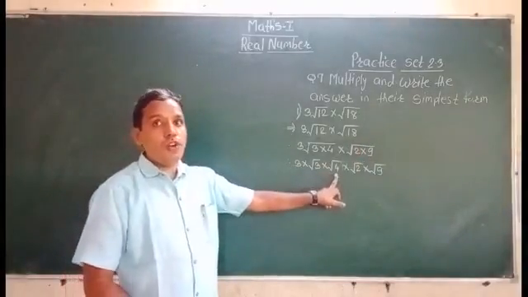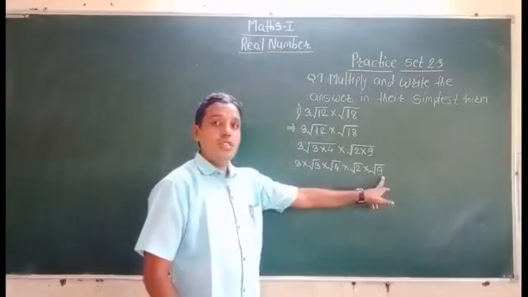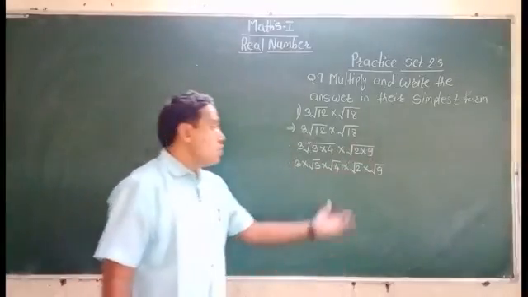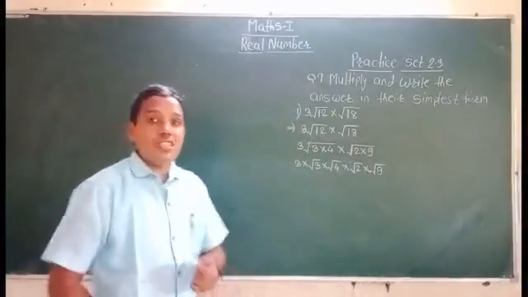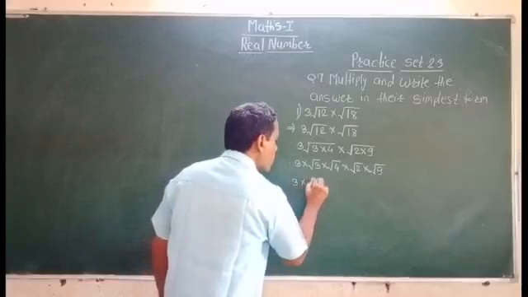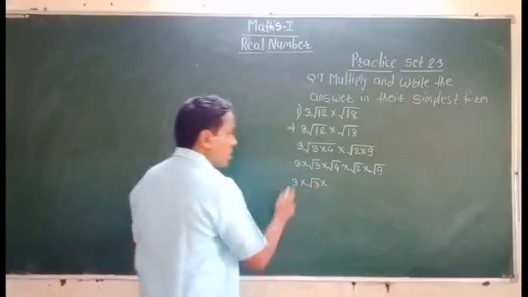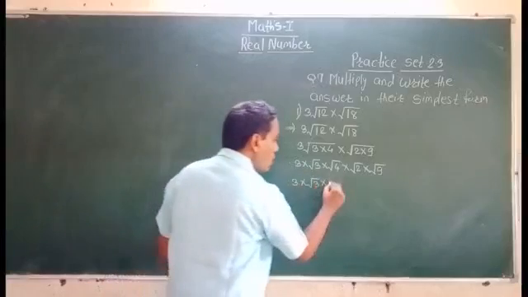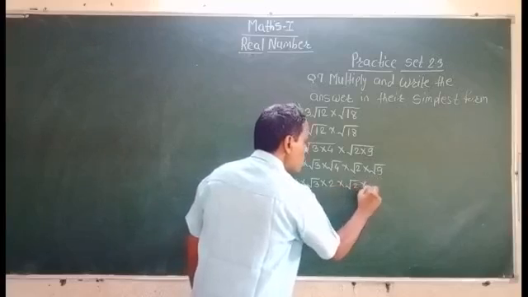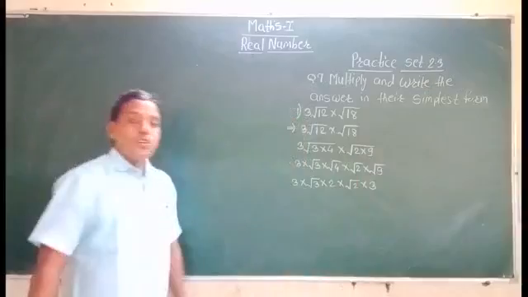The square root of 4 is 2, and 9 is also a perfect square number. The square root of 9 is 3. So that is why this is not a surd, and therefore we write them in that manner: 3 into surd 3 into 2 into surd 2 into 3.